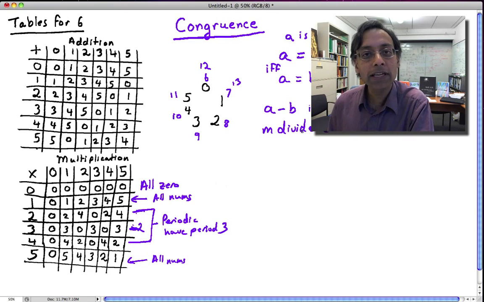So when we were talking about the rule for how it is possible to calculate things in mod M, for any M, that can be expressed in terms of congruence as a theorem.